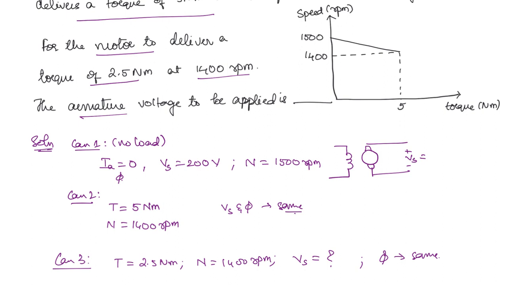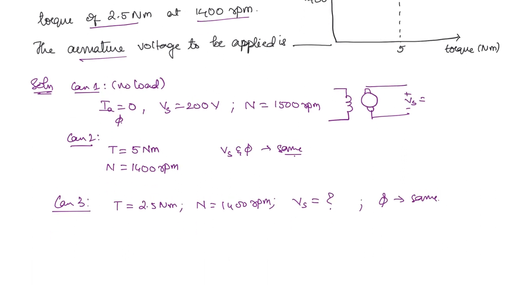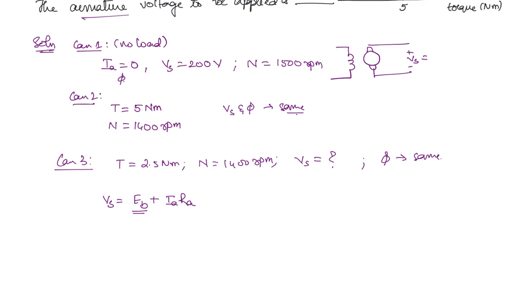So when 3 cases are given, it means that from cases 1 and 2 we get some information and we use that in case 3 to find out the missing parameter. So what is Vs here? Supply voltage we can write as the back EMF plus the armature drop. All 3 parameters we do not know here, but the back EMF we can express in terms of the flux and speed.